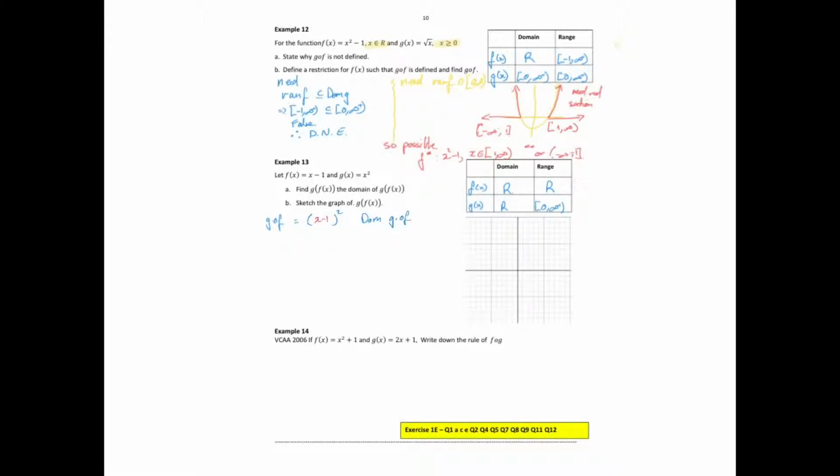So the domain of that particular graph is the domain of the inner function, which in this case is f, and the domain of f is R. The range of the graph, well, we need to consider what the graph values are. So again, it's a parabola that's been shifted to the right 1 unit. So we can see here from the graph that's coming up that the range of that particular graph is going to be from 0 to infinity.